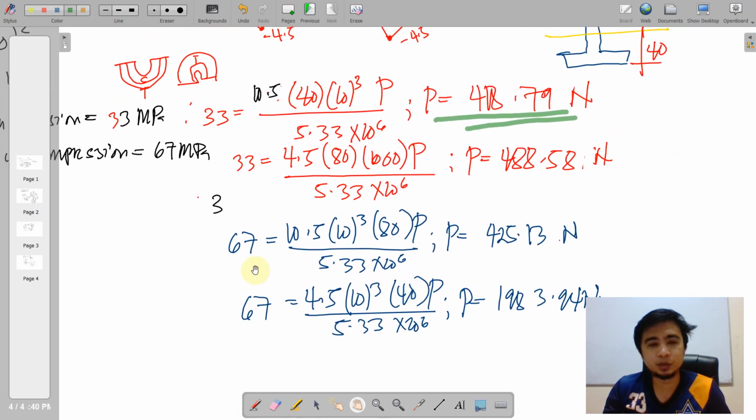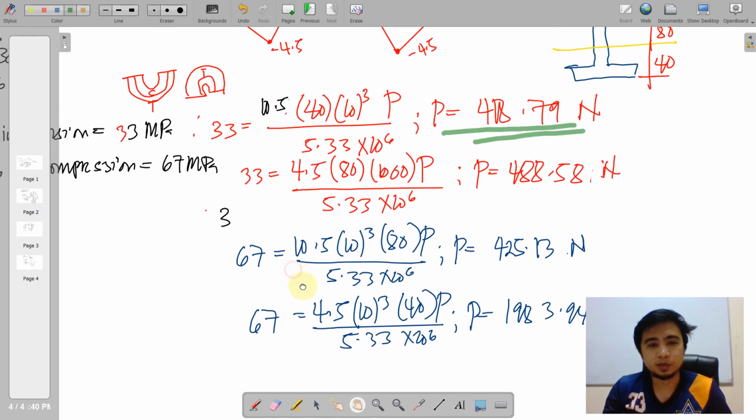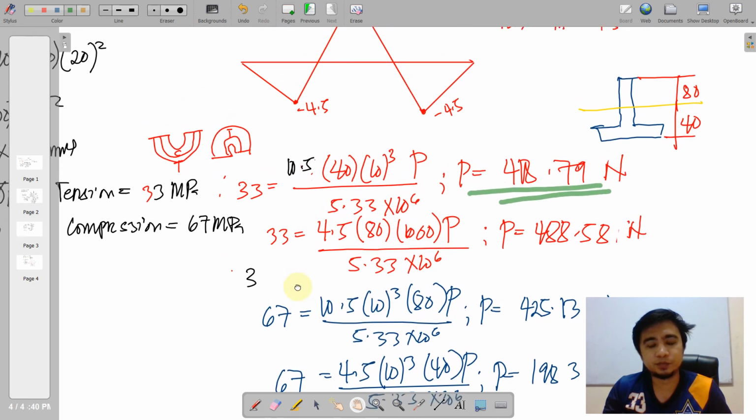And then again, it will be your left hand side of the equation, 67, and then the value for the largest positive.